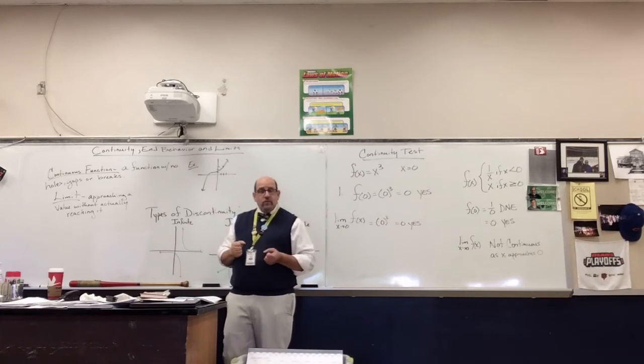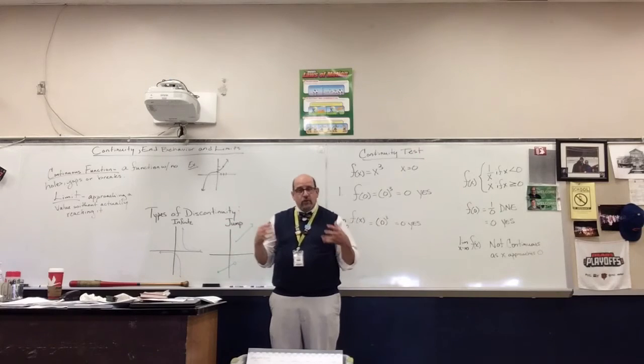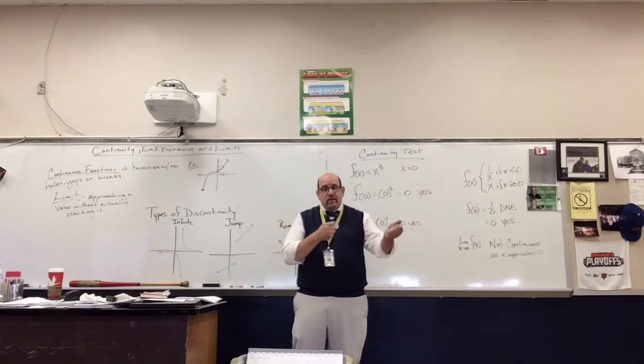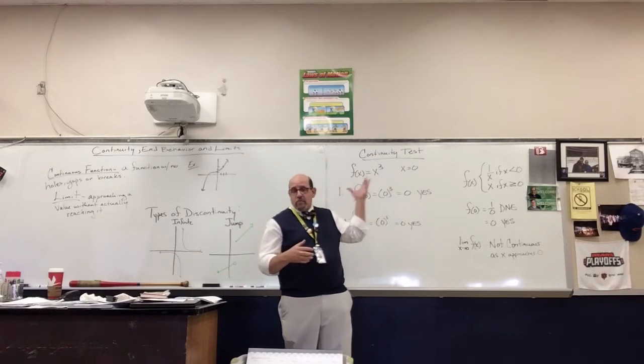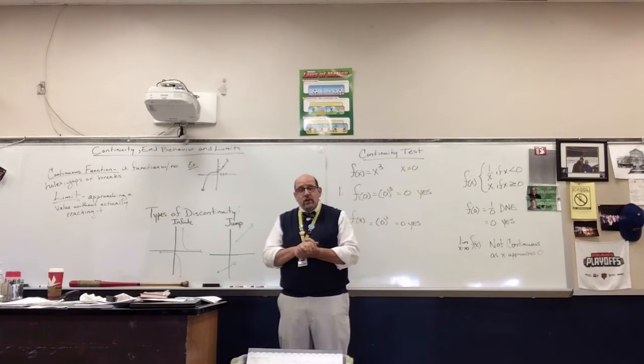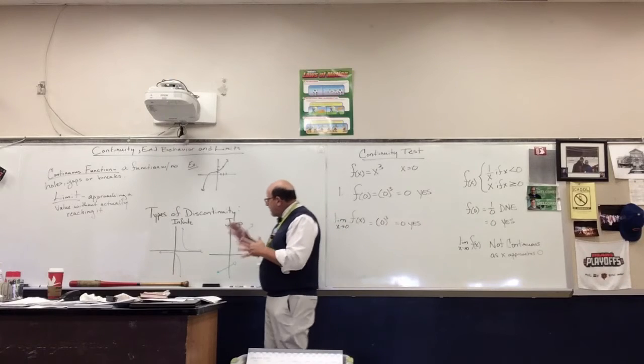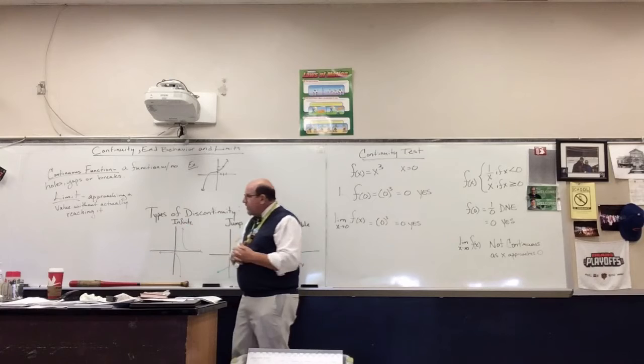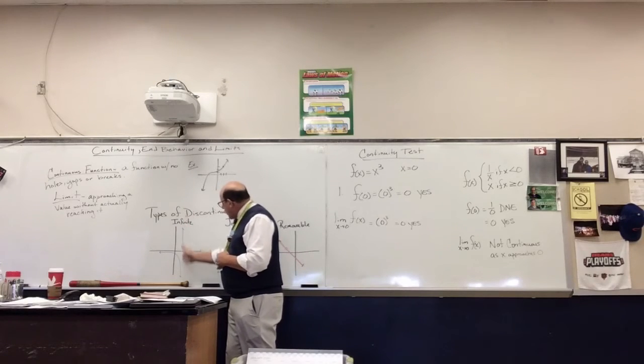Parts of your function may be continuous. If you're looking at a specific point of your function, it may be continuous. It may satisfy both of the requirements to make it continuous. But then, let's look at this right here. There's infinite discontinuity, right? We've seen some vertical asymptotes before.